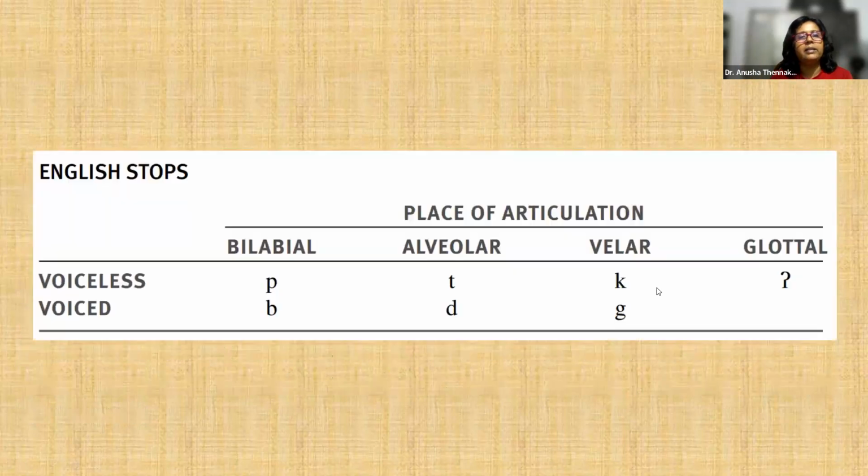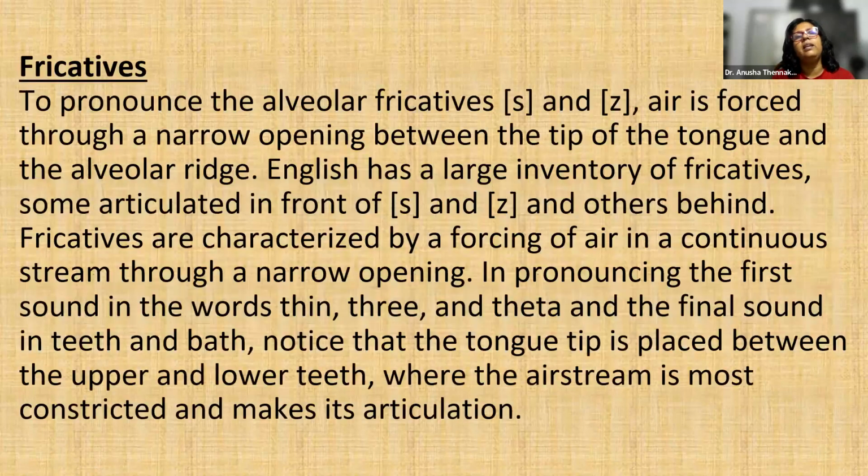So there are 6 stops, as I told you earlier, and they can be divided into bilabial, alveolar, and velar. If you want to remember these places, you can refer to the diagram of the vocal tract. Then fricatives. Read that also.